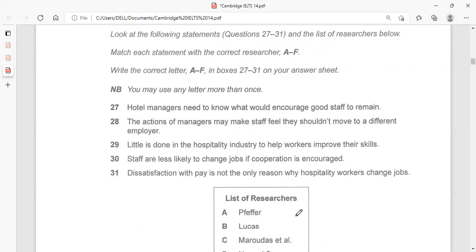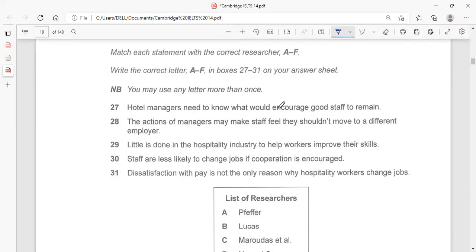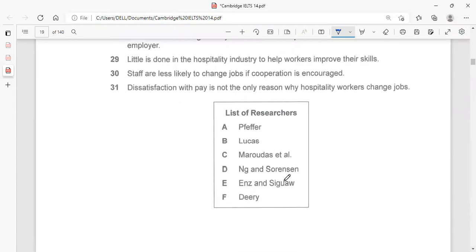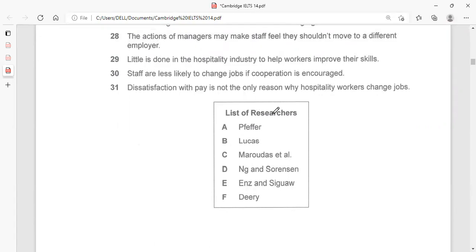One more thing I'll tell you: what is the downside of starting with the list of researchers? All these statements will get used, and you'll have the name of the researcher for each of them. But not all the researchers might get used. Are you getting it, Manveer? Yes, ma'am.